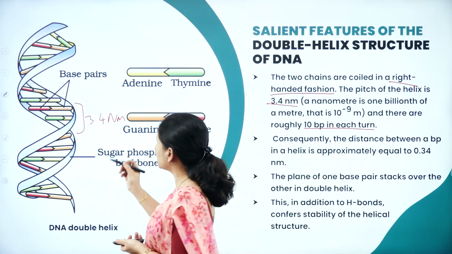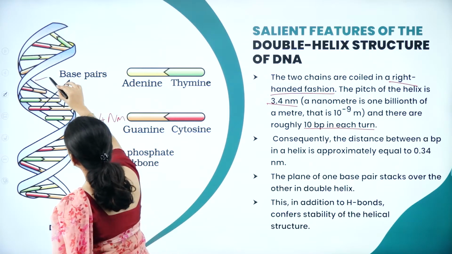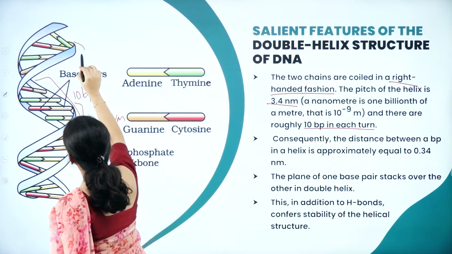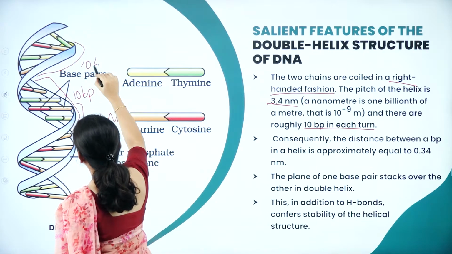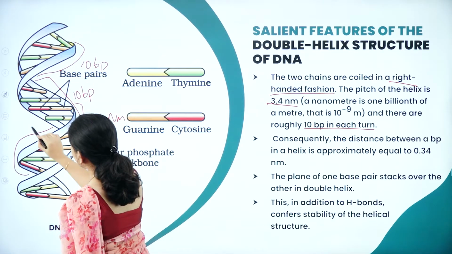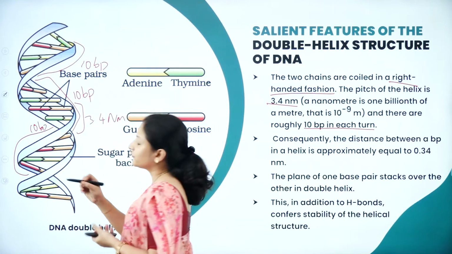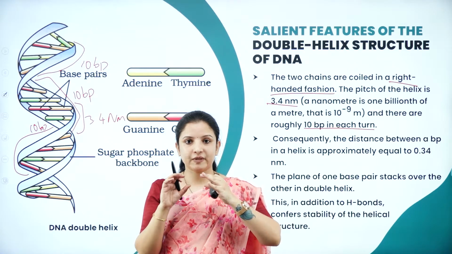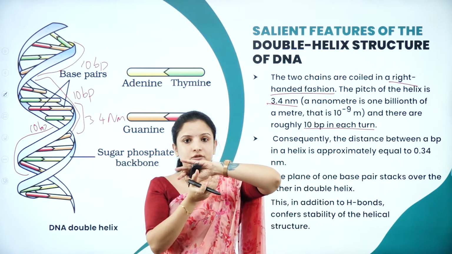So, in each turn, how many base pairs are there? 10 base pairs. Here one turn is there, that is also 10 base pairs. Here one turn is there, that is also 10 base pairs. So, for every 10 base pairs or every 10 nitrogenous bases, the DNA will coil. So, that is about it.